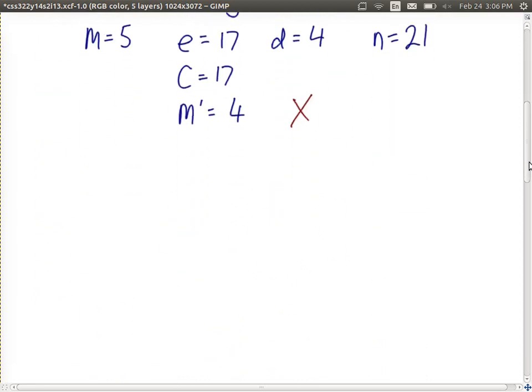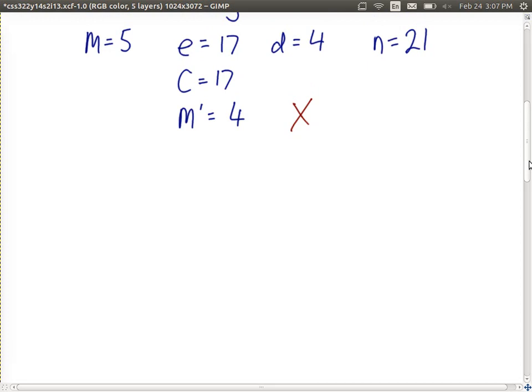Let's try. We said M prime equals C to the power of D mod n. But we know an equation for C, so let's replace that.